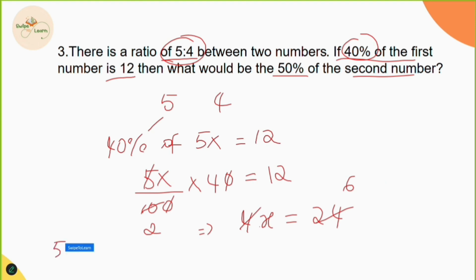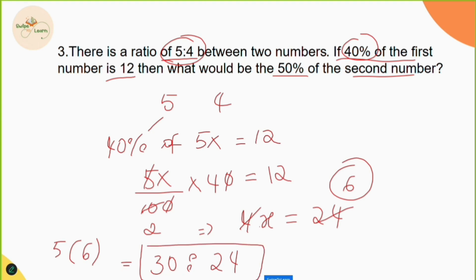When we find that x equals 6, we can find the values first. 5 6s are 30 and 4 6s are 24. These are the original values. What they are asking is, what would be 50% of the second number? What is the second number? 24. 50% of 24 becomes 12. Thus, 50% of the second number is 12.